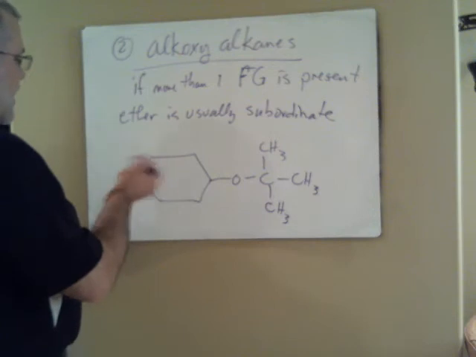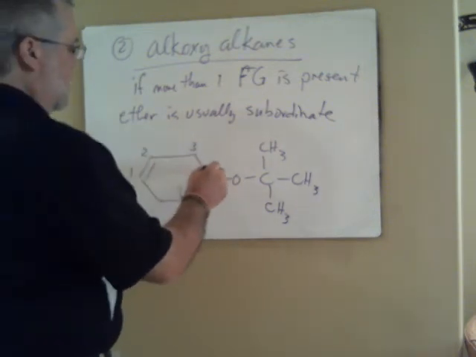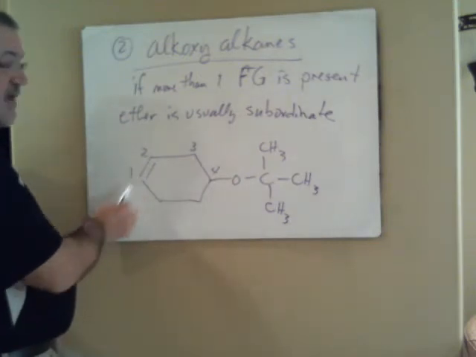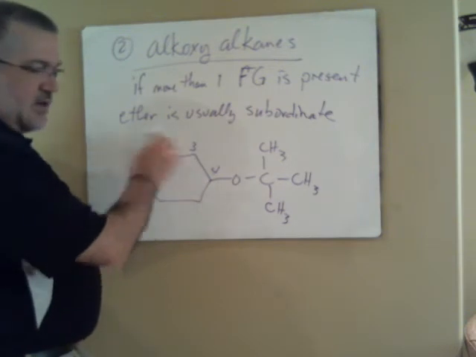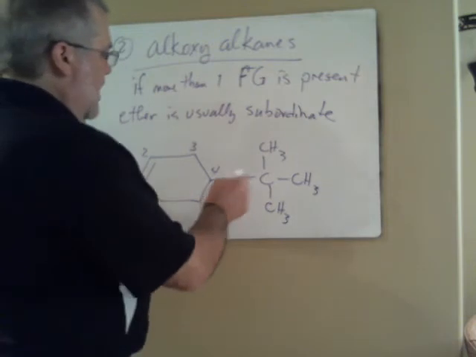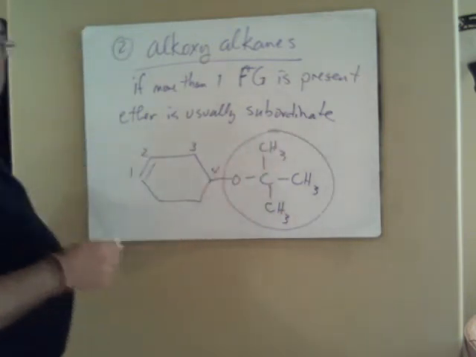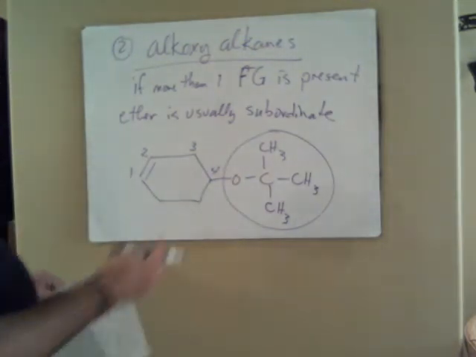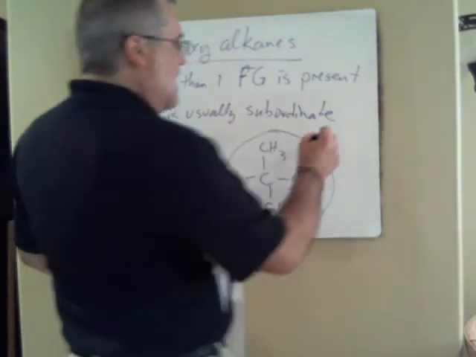And so to do that, remembering our rules, we number this cycloalkene like this. One of these carbons has to be 1, and then we want the substituent to have the lowest number, so we number in this direction. And then we would name this ether linkage here as a substituent now, okay? And the substituent name is basically to take what would be the alkane name.